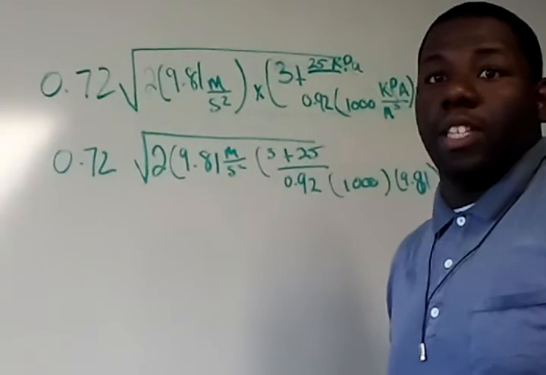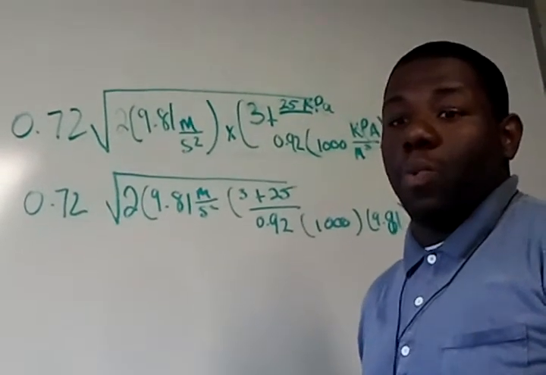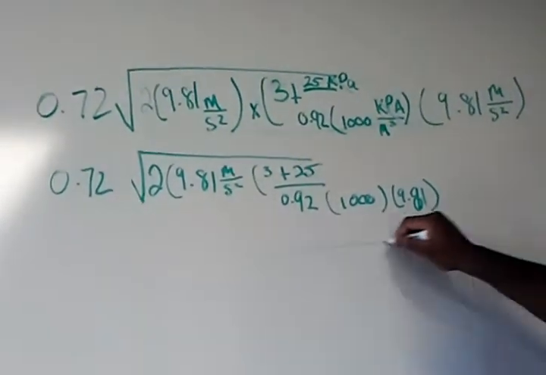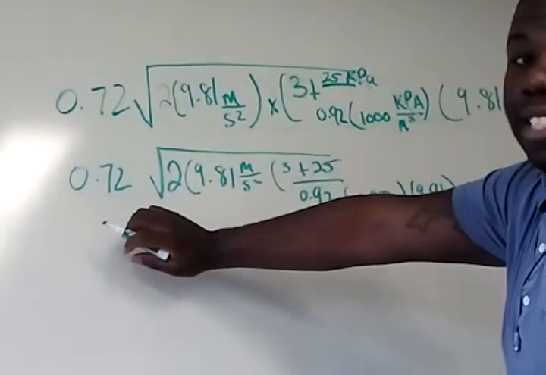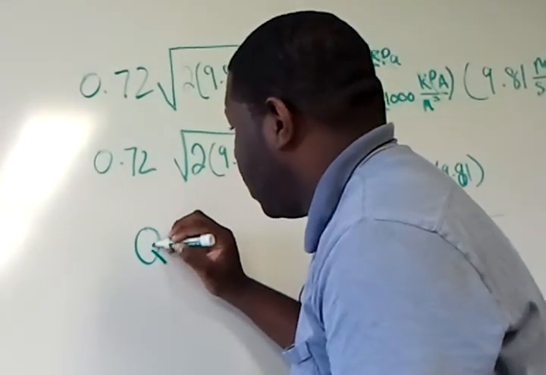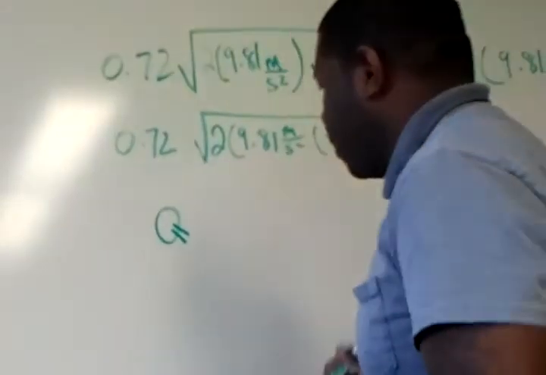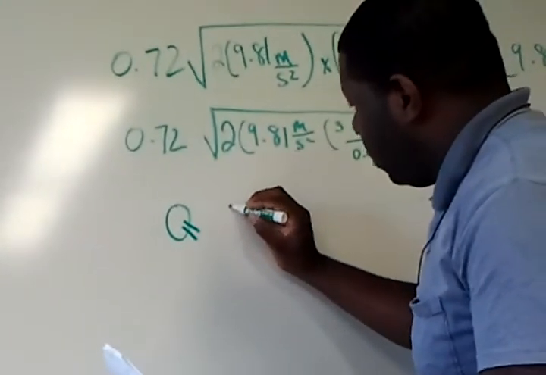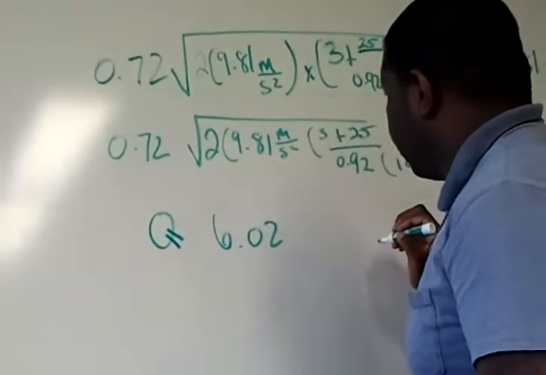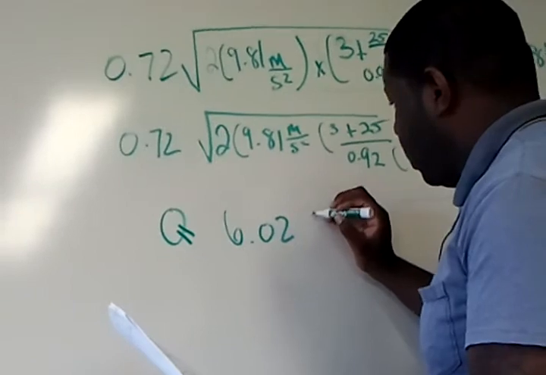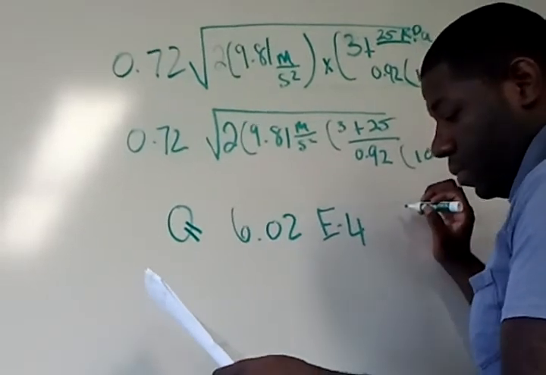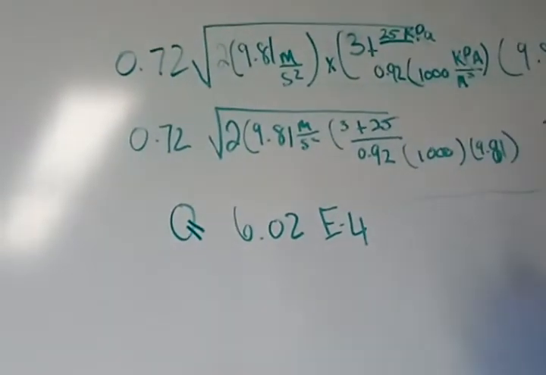For most people who take structural mechanics or fluid mechanics, there will be a calculator given in class. So once we have all of our values, plug them into a calculator exactly as seen, and your answer should look something like Q equals 6.02, and never forget to use your units.